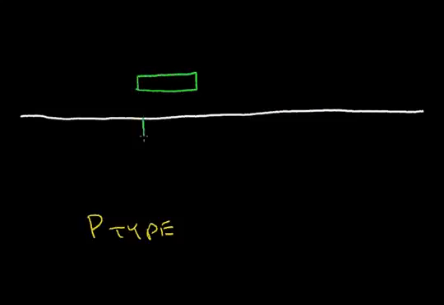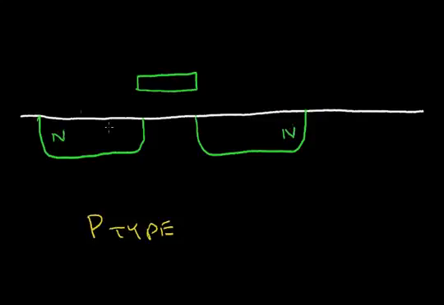And there's a source and drain diffusion, and I'll use an N channel, so this will be an N region. So the green here is an N-type region. N-type, this is N-type. And to make contact to the P-type substrate, there will be a P diffusion in here.